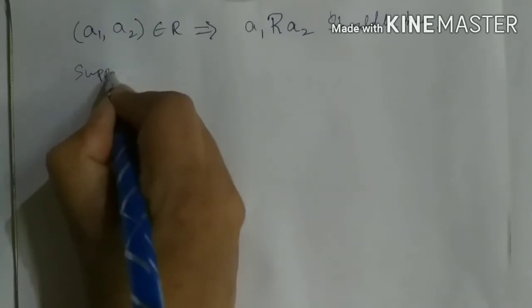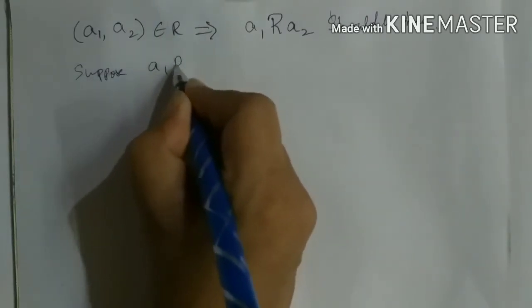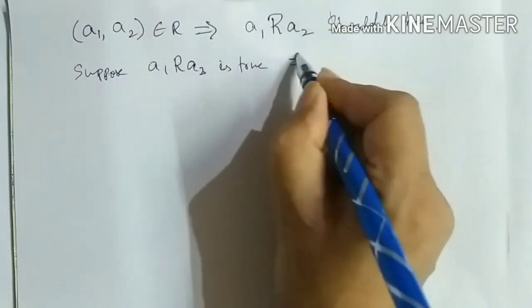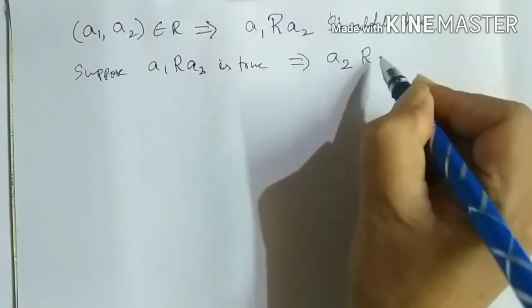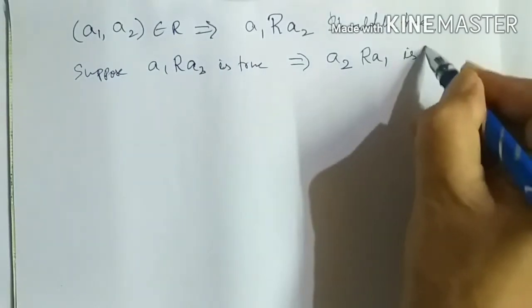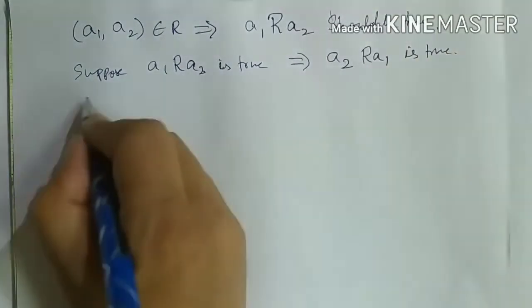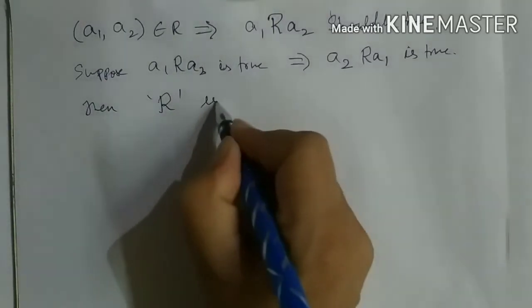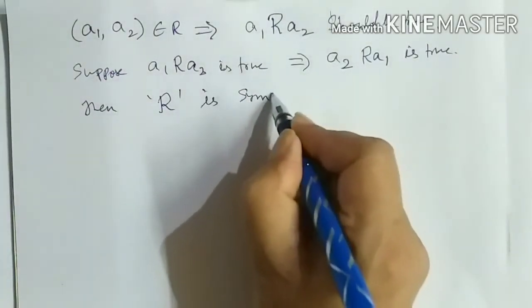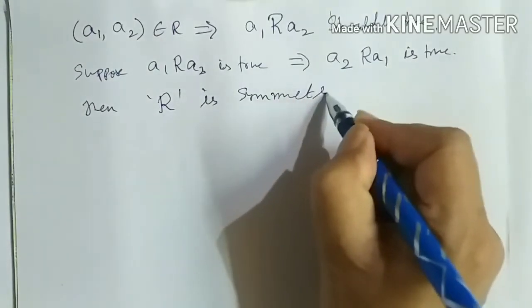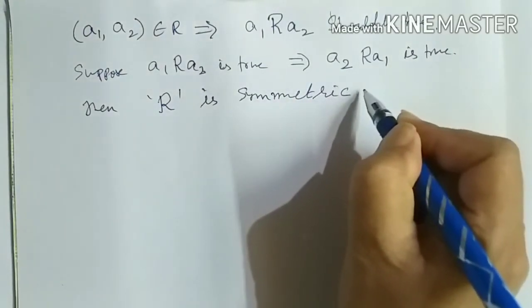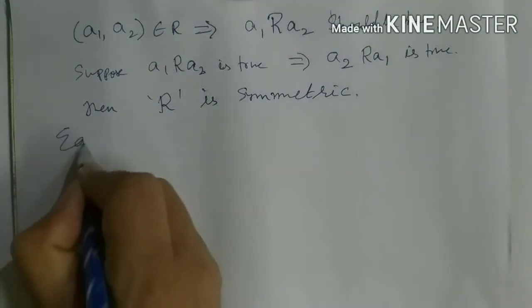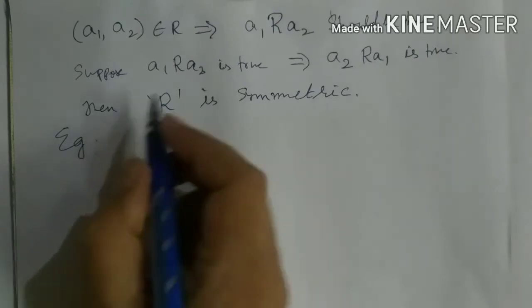Suppose A1 related to A2 is true, and it should imply A2 related to A1 is true. Then we say that the relation R is symmetric on the given set.